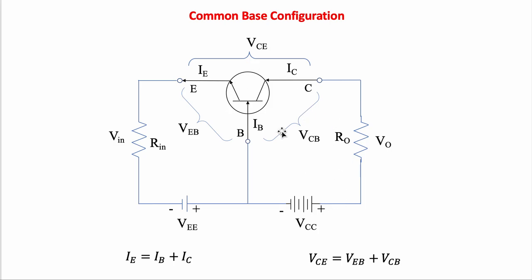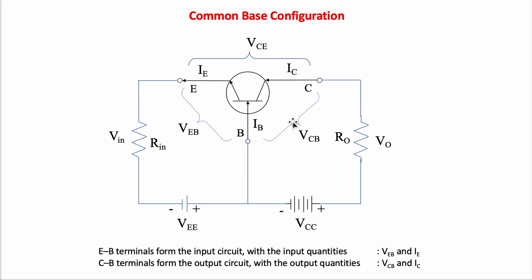So from this arrangement, we can tell that VCE is equal to VEB plus VCB. Since VEB is around 0.7 volts for the silicon transistor, and we don't know for sure what the VCB is, we cannot know the value of the VCE as well. We can just calculate these after proper biasing.